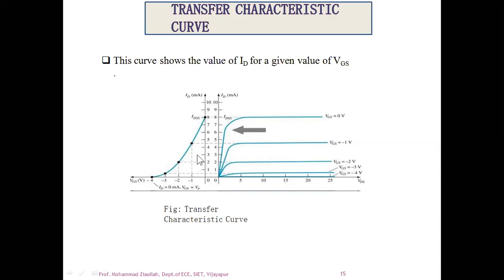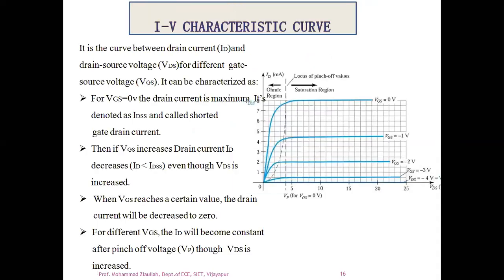Similarly, you can see there is a gradual, almost exponential increase in current when this voltage is at zero, but it will decrease towards the negative side until the current is equal to zero, or your VGS is made almost down to VP. So this shows you the graph of the drain current versus the gate source voltage.